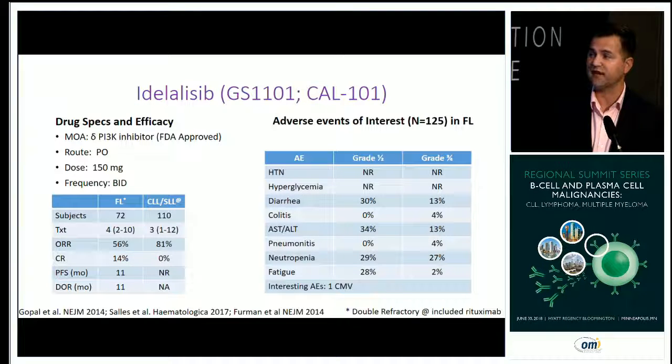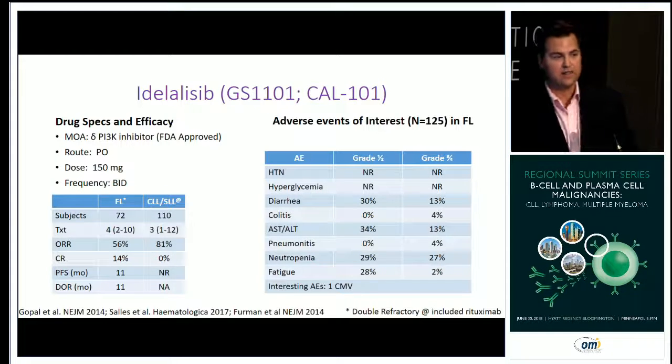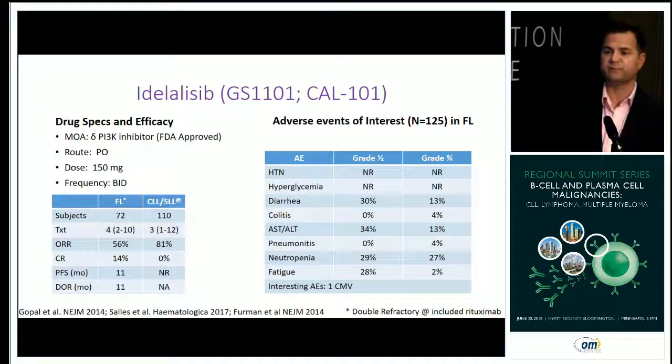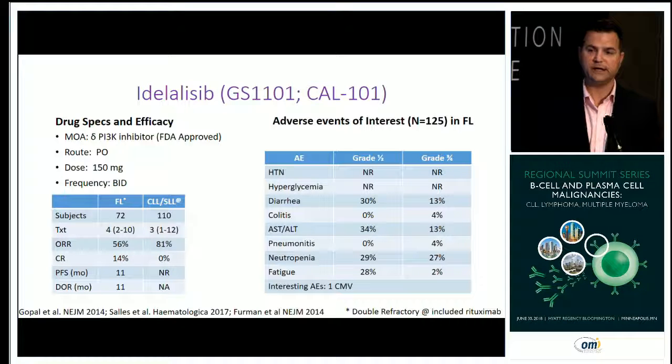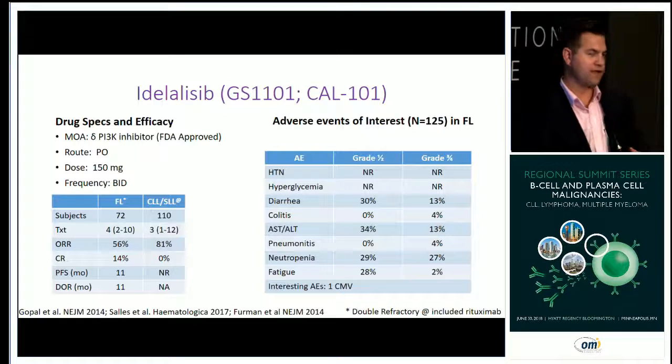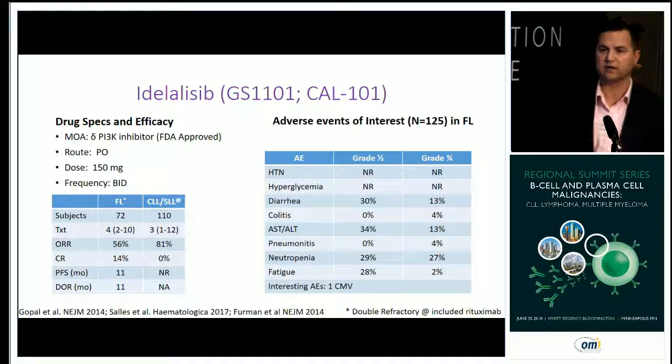I would argue that this is a heavily pre-treated patient population, and if you really dig into the details of this study, this was a poor risk population. They really, I think, did a good job in this population. Not only were they double refractory, but they had some very low creatinine clearances, which in other clinical trials, they would likely have been excluded.